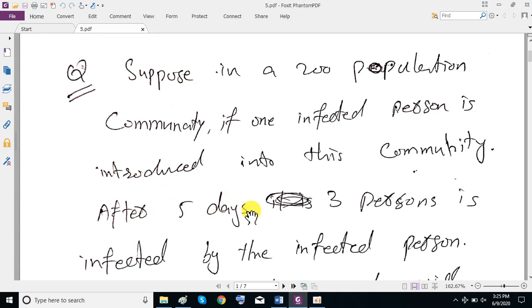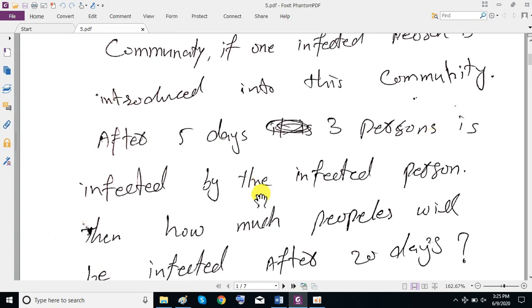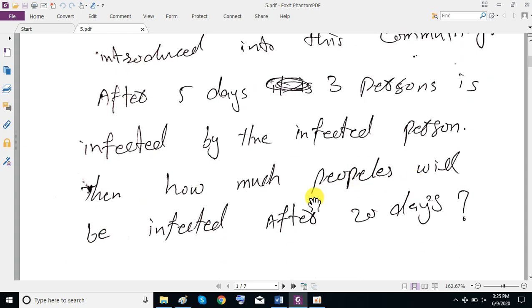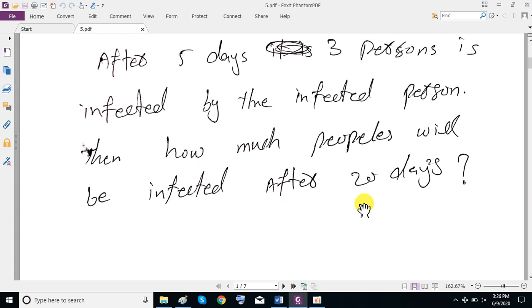After 5 days it is observed that in the whole community 3 people are infected by this infected person. Now we find the number of people who will be infected after 20 days. It means, after 20 days, how many people will be infected.